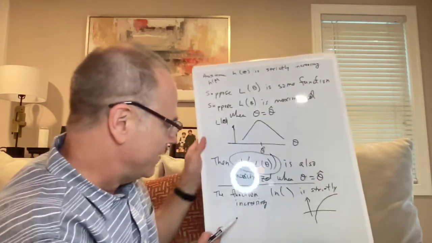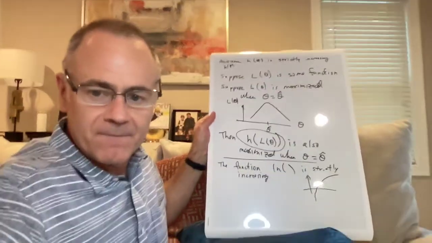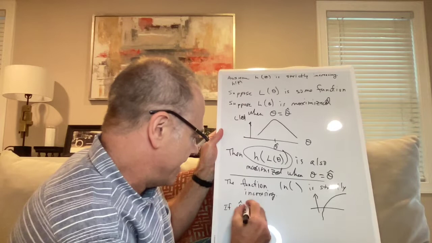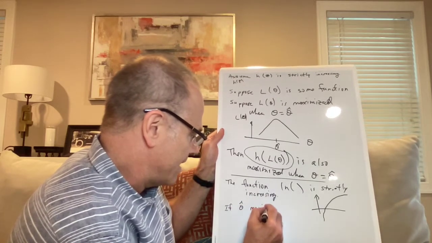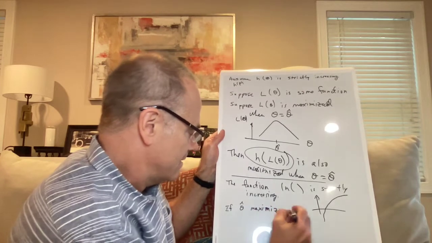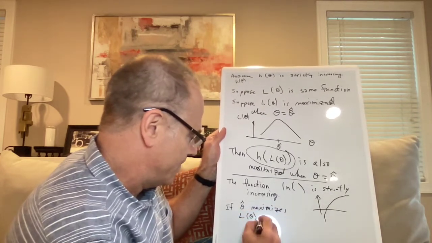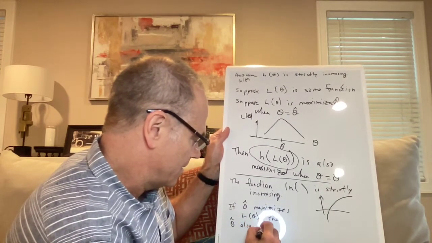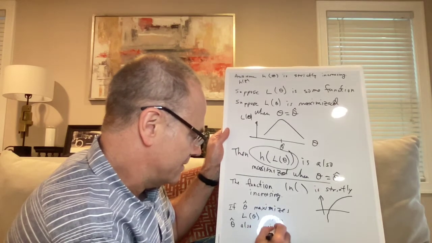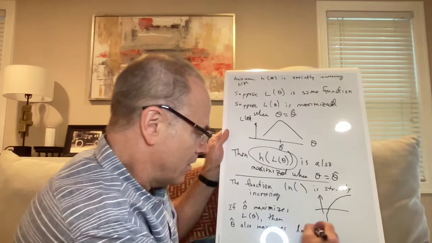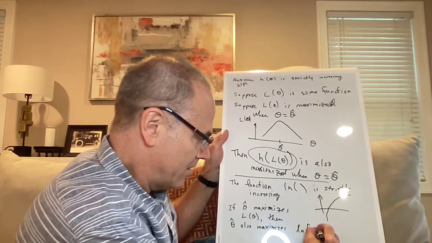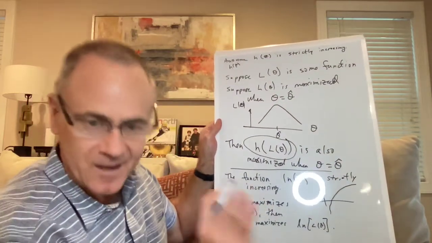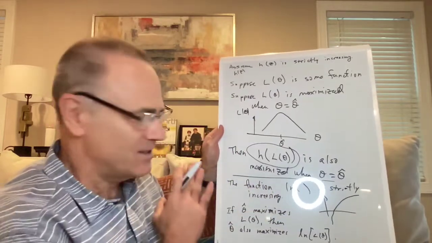So that means if theta hat maximizes L of theta, then theta hat also maximizes log of L of theta. Hopefully that is intuitive.